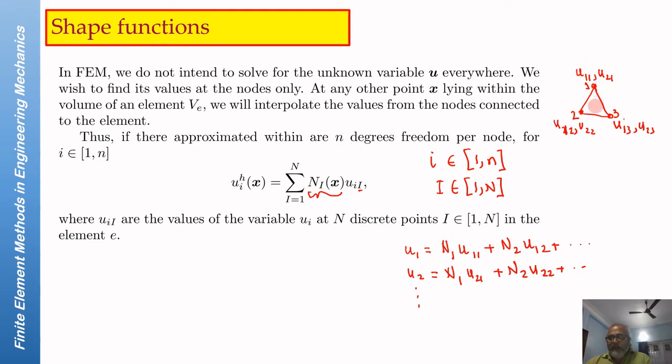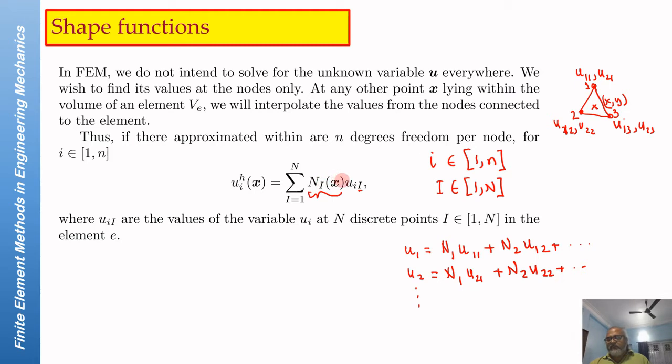And now if I want to know the value of, say, degree of freedom 1 at this point, which has coordinates of x and y, we will use these three values and interpolate u1 at this point xy using the shape functions.